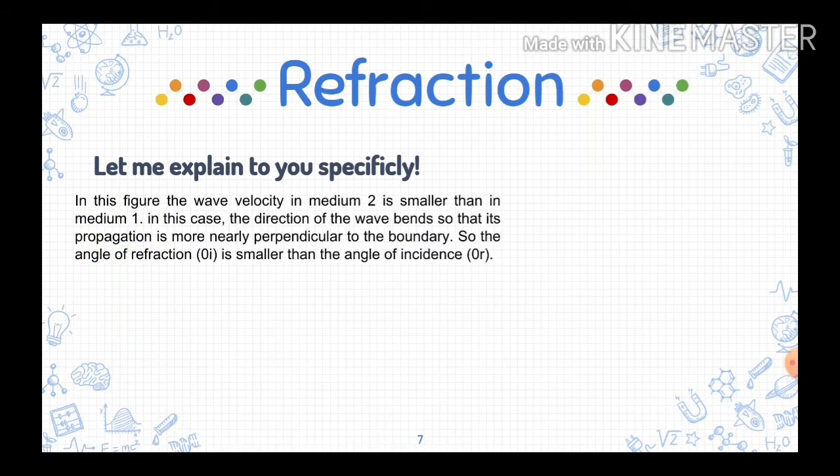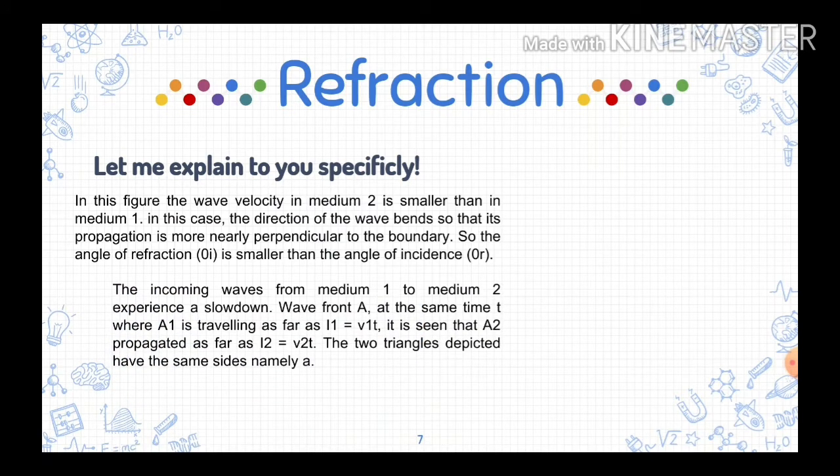In this figure, the wave velocity in medium 2 is smaller than in medium 1. In this case, the direction of the wave bends so that its propagation is more nearly perpendicular to the boundary. So, the angle of refraction is smaller than the angle of incidence. The incoming waves from medium 1 to medium 2 experience a slowdown.